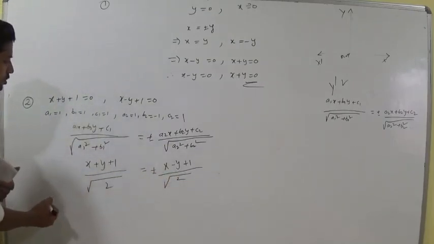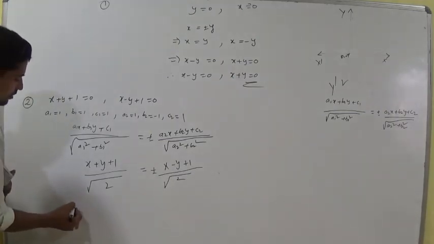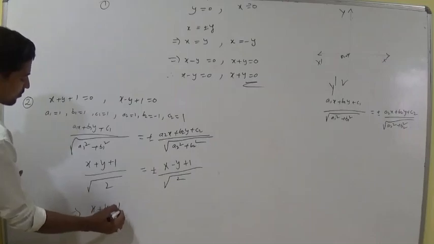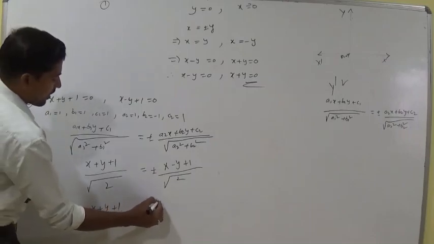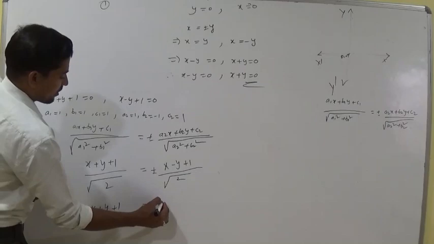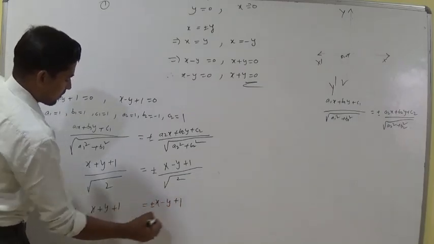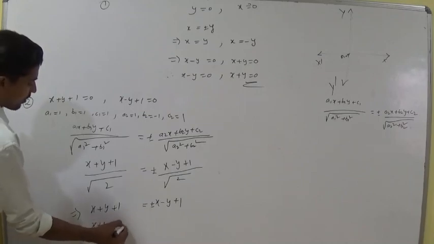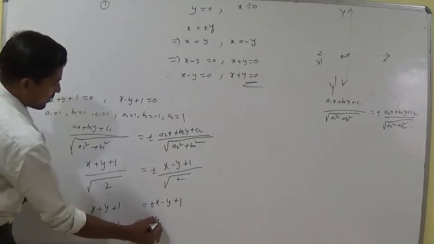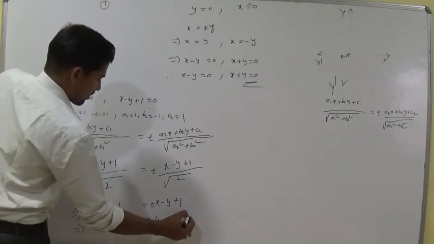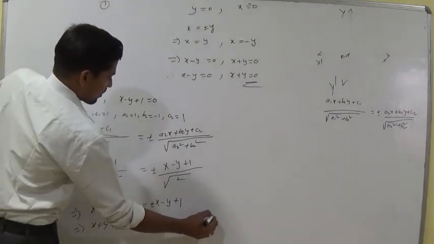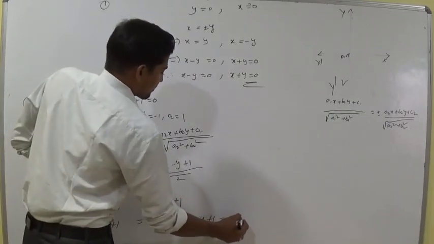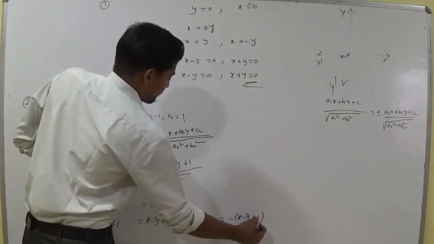So root 2 will get cancelled. That implies x plus y plus 1 equal to plus or minus x minus y plus 1. That implies x plus y plus 1 equal to x minus y plus 1, and x plus y plus 1 equal to minus of x minus y plus 1.